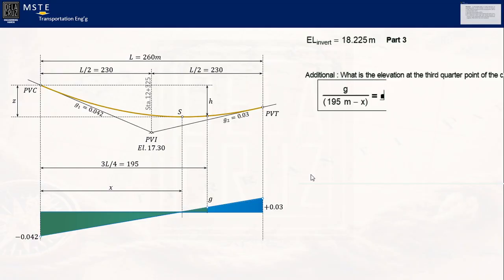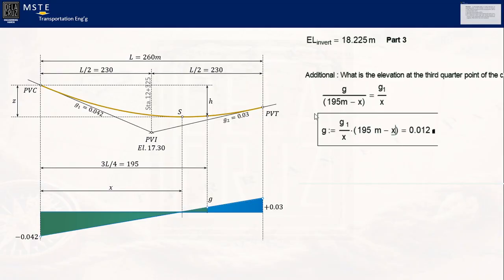And equivalent to 0.042 or G1 over the value of X. Clear? G is to 195 minus X as 0.042 or G1 is to X. Therefore, the value of G is equivalent to G1 over X, 195 meters minus X, and that is 0.012.